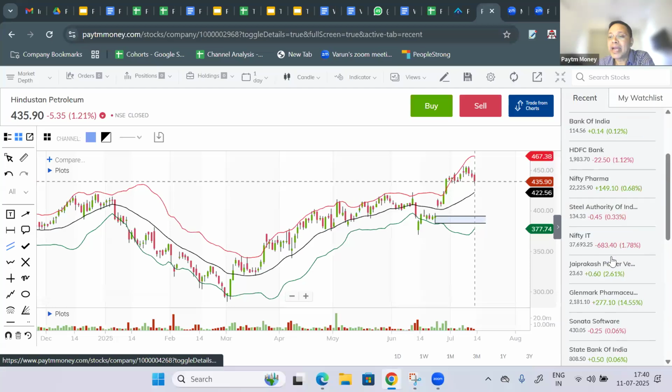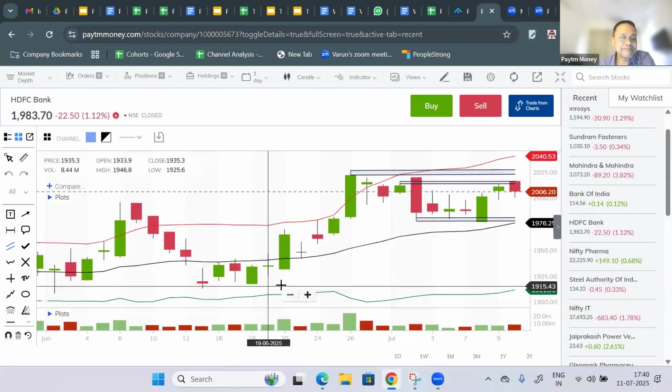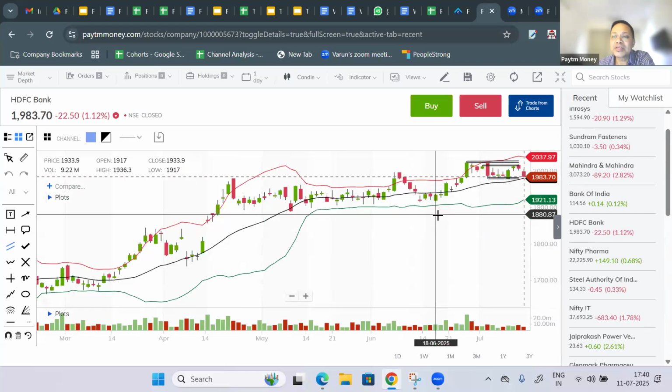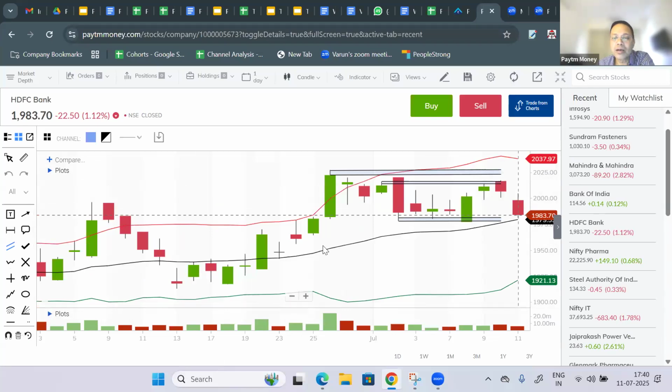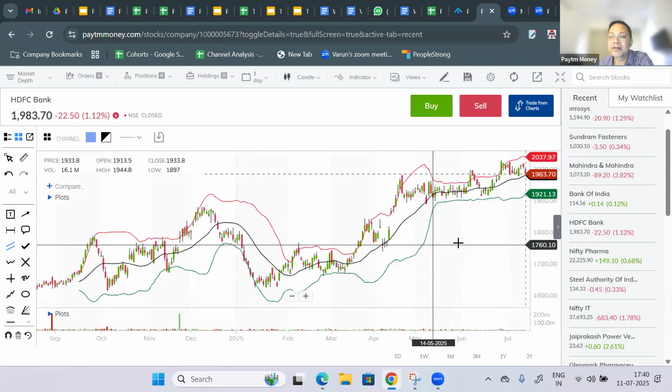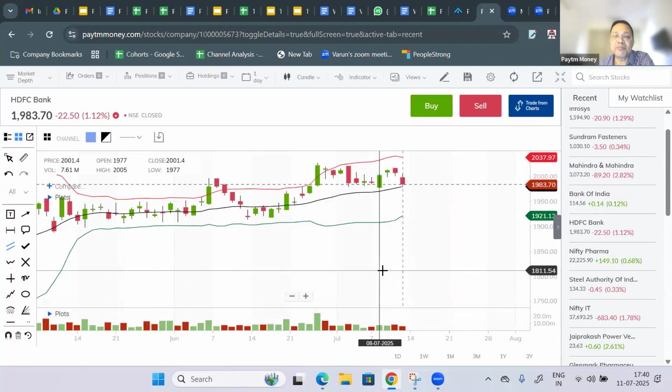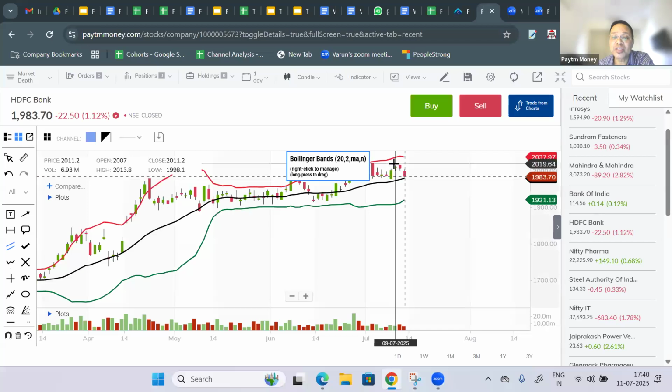HDFC Bank. So we talked about HDFC Bank. Let's remove all the things. So currently HDFC Bank is moving in a tight range. Can you see that?